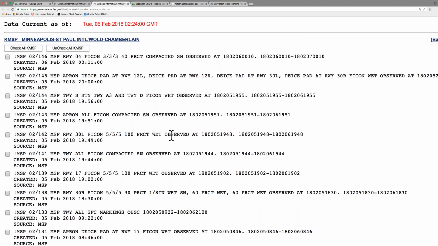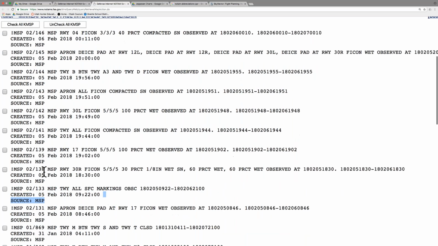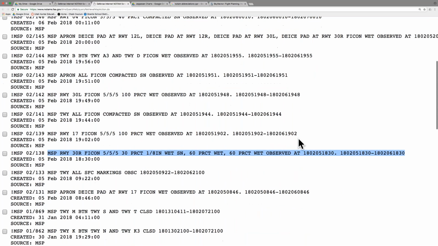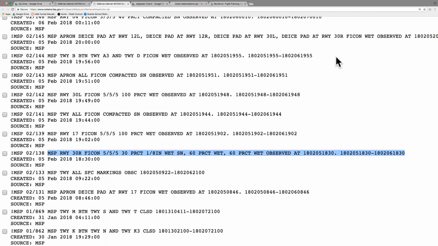And then we as dispatchers have to look at things like this and know that it's going to extend our landing distance, affect our performance, right? That's why we're scanning through these NOTAMs and looking for those issues that may affect our flight plan.